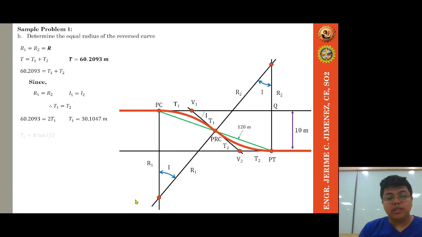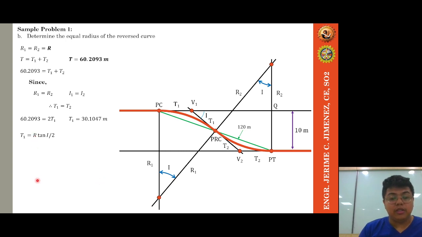Okay? So T sub 1 is equal to R tangent I over 2. So familiar na tayo dito sa formula na ito, no? So palasak na to, no? From simple curve to compound curve hanggang sa reverse curvature. Okay? So we have now T sub 1 and the central angle. So we need to compute the common radius or the radius. Okay?